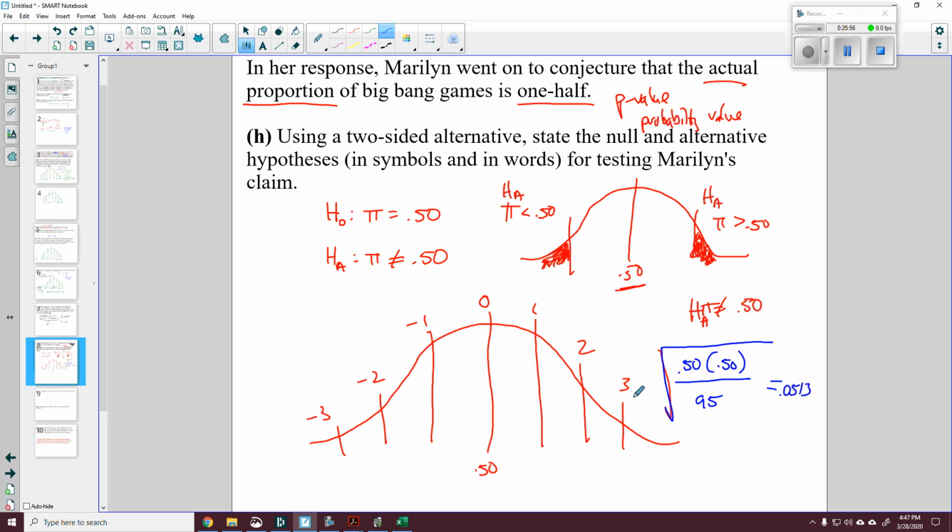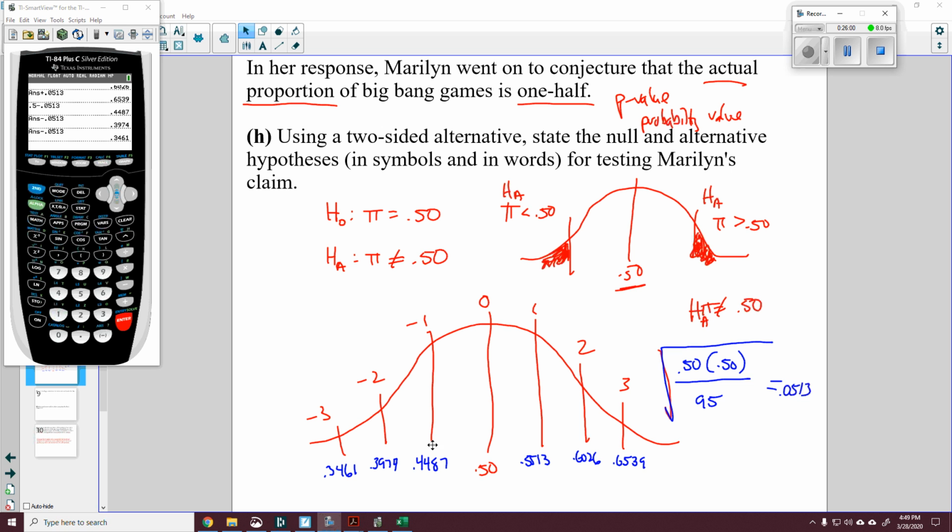So filling in my numbers, I get these numbers I just put in here in blue, and I'm just going to mark where our 0.495 is. Well, 0.495 is going to be right around here. That's our statistic, 0.495. That's our number of games out of 95.